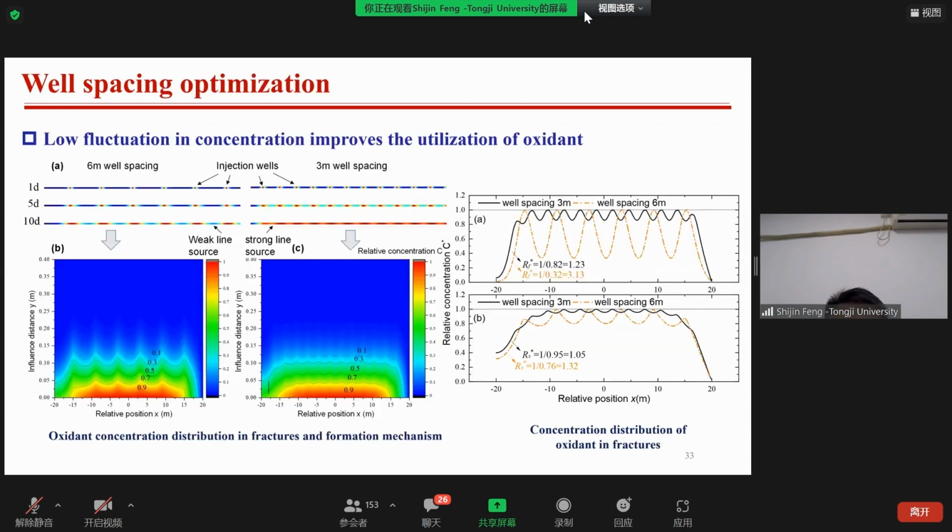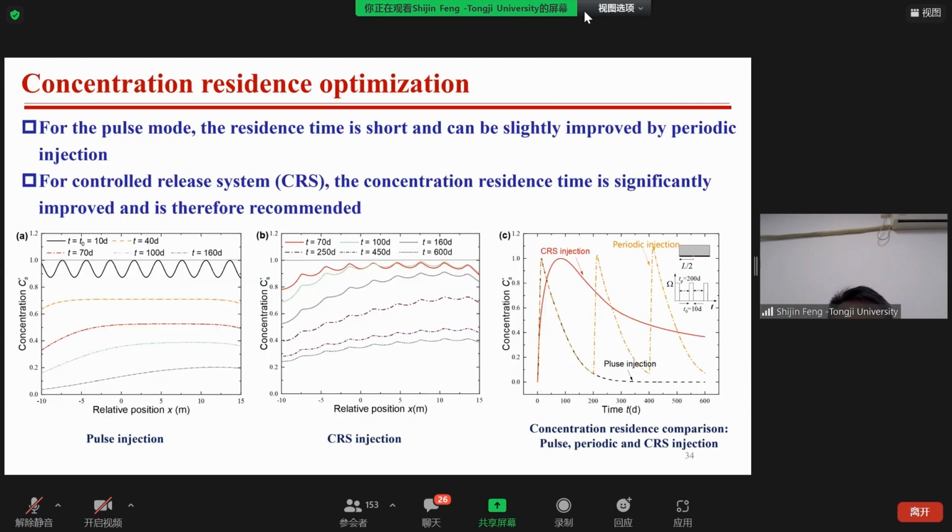In engineering practice, well spacing is important. We must have a cost-effective design. Based on this model, we find that low fluctuation in concentration improves the use of oxidant. The evaluation of the effective delivery of the fracture agent is based on two points.